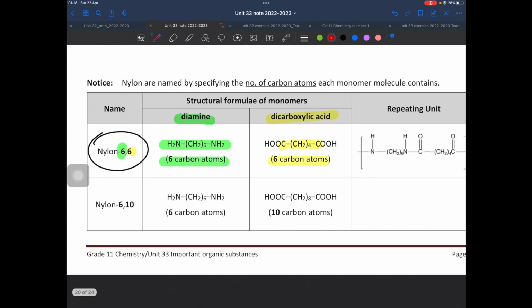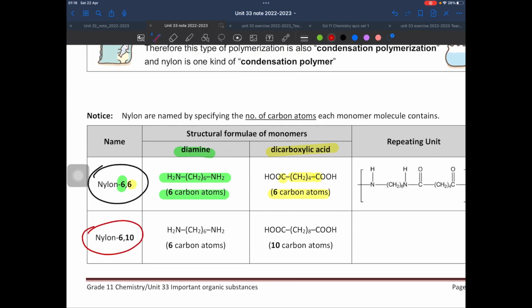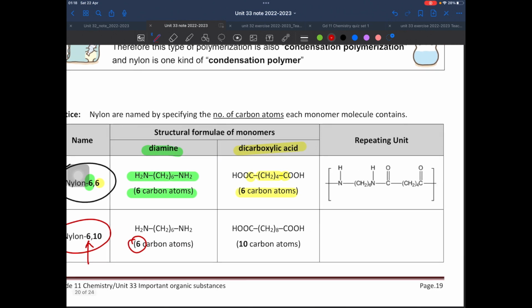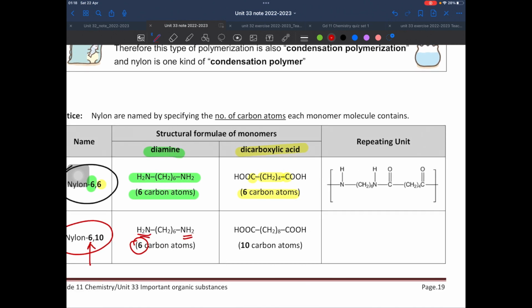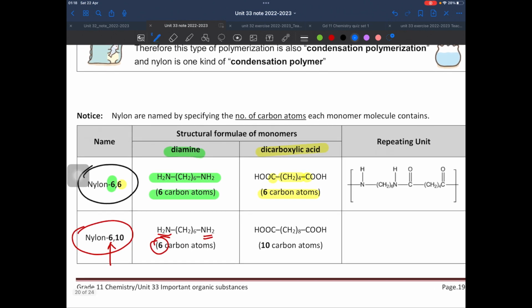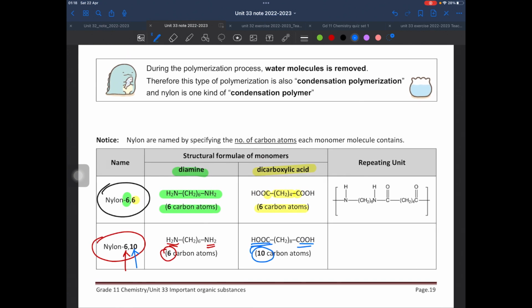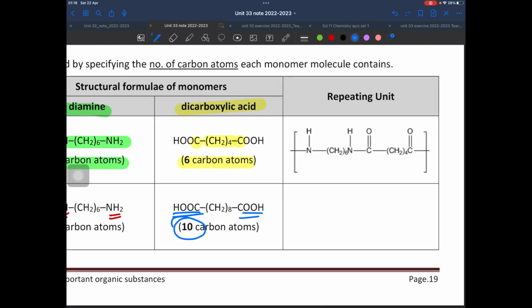So with this idea, what is meant by nylon 6,10? Well, easy. The first 6 represents that there are 6 carbons in the diamine, while the 10 means there are 10 carbon atoms in the dicarboxylic acid. Yes, so we will get our answer.